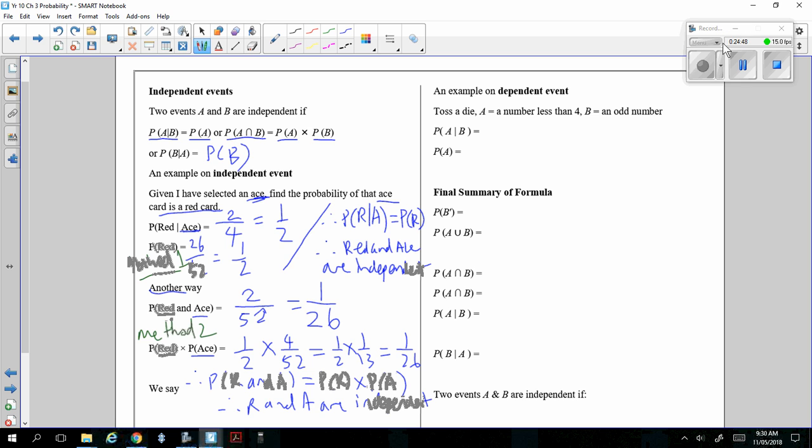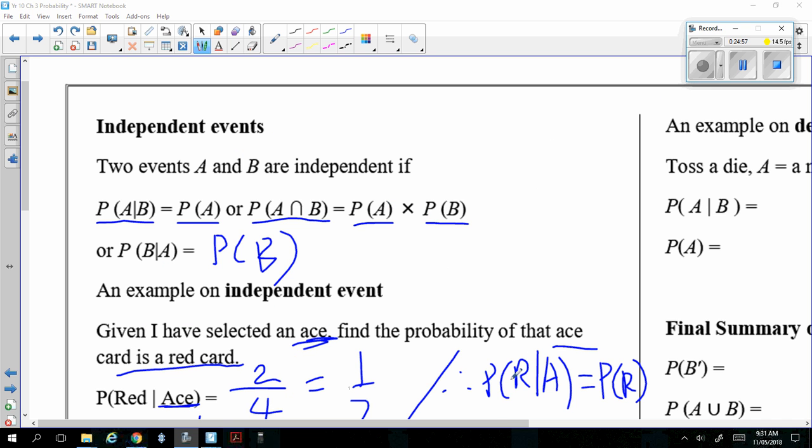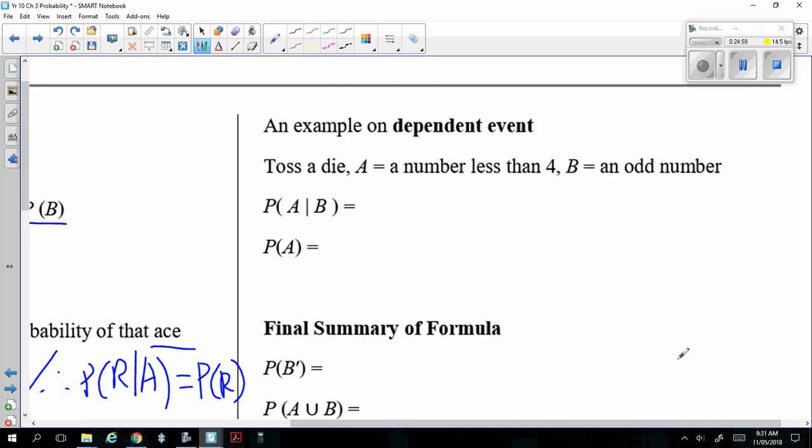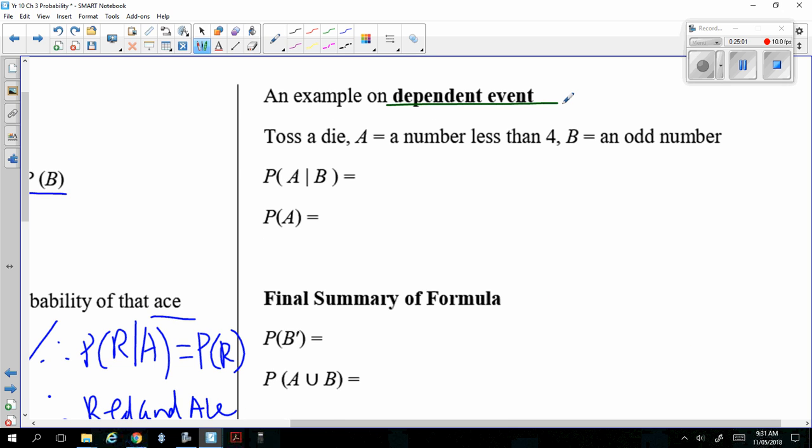Where the events are not independent, which is dependent: probability of A given B. So given we know it's an odd number, how many odd numbers are on a die? 3. Out of the 3, how many are less than 4? Less than 4 means 1, 2, 3, but it has to be odd. Given it is odd, there are 2: 1 and 3.